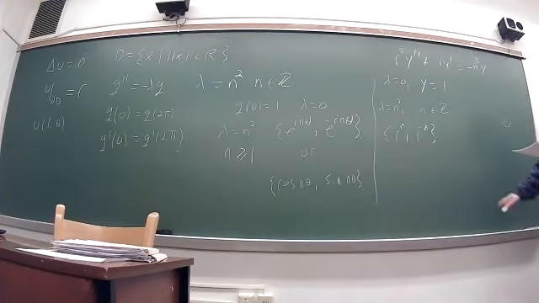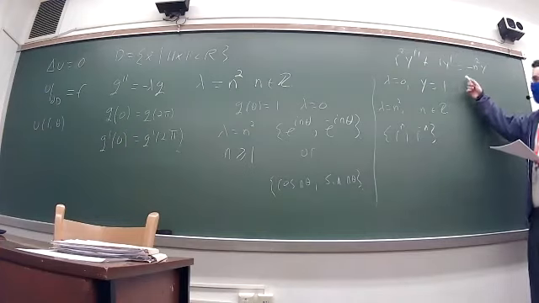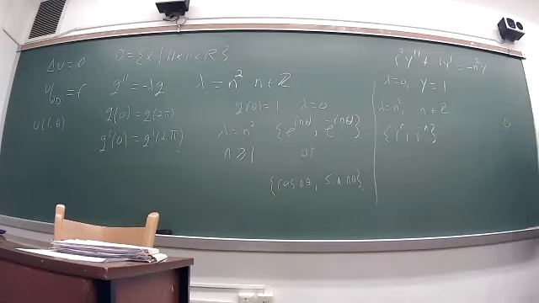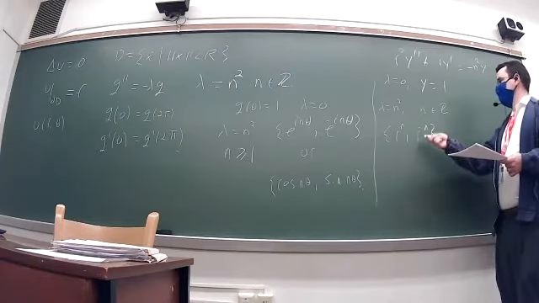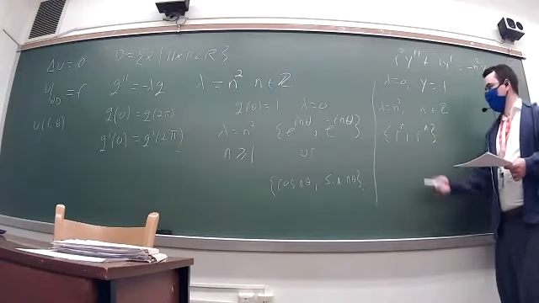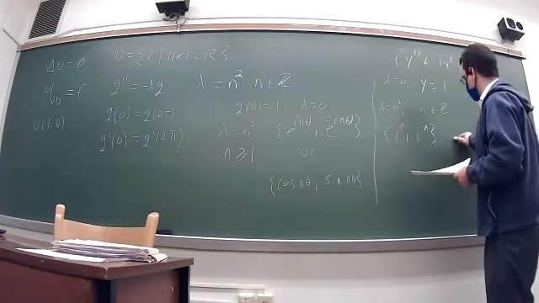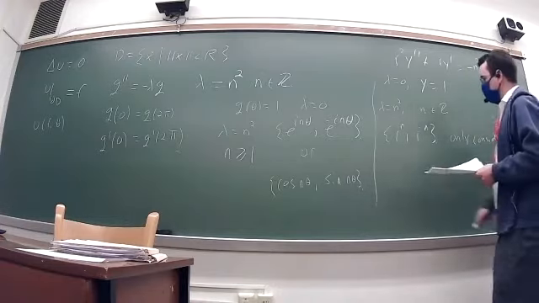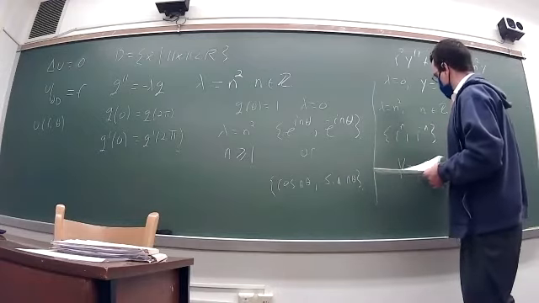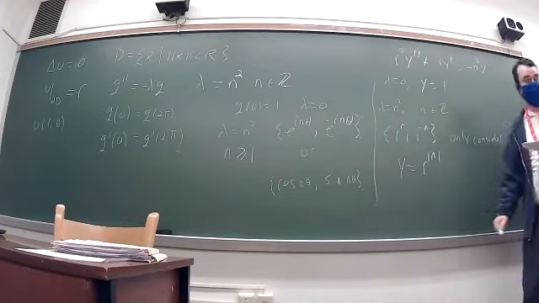So the vector space of solutions to this problem is spanned by those two functions, if you like. But we're only interested in those solutions that don't have a singularity at the origin. So that means when n is positive, you throw out this one. Or in general, you only consider the solution y equals r to the absolute value of n.